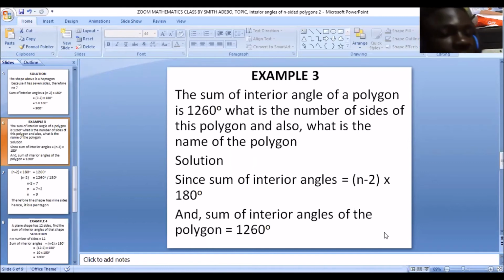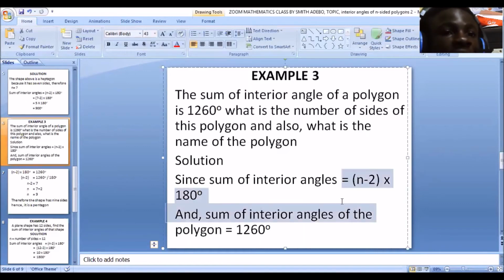Now, since the sum of interior angles is equal to (n minus 2) times 180 degrees, that's what we've been doing, and the sum of interior angles of the polygon is 1260 degrees. Let me go over it again. The sum of interior angles of this polygon is 1260 degrees, and we have that the sum of interior angles is equal to (n minus 2) times 180 degrees.